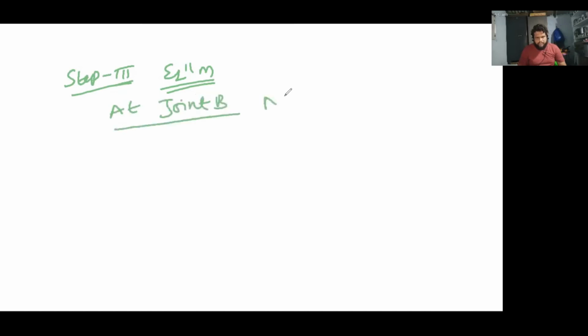Next, what is our step 3? Our step 3 is equilibrium equations. Where will we write the equilibrium equations? At joint B. At joint B, what is our equation? M dash BA plus M dash BC should be equal to 0. What is M dash BA?